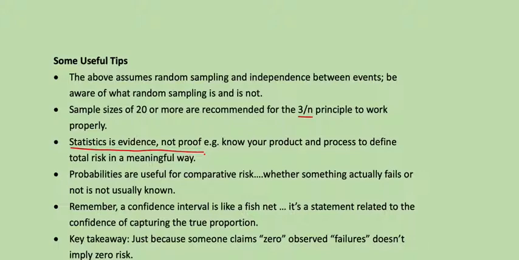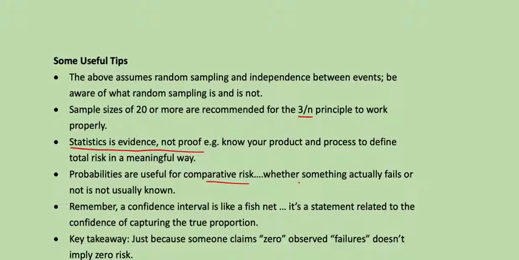It's also about understanding the defect, how the product will be used and so forth. And the probabilities are also useful for comparative risk. Whether something actually fails or not is not usually known. So you may sample your 600 bottles or units and say, well, my risk could be anywhere between 0 and, let's say, 0.5%.